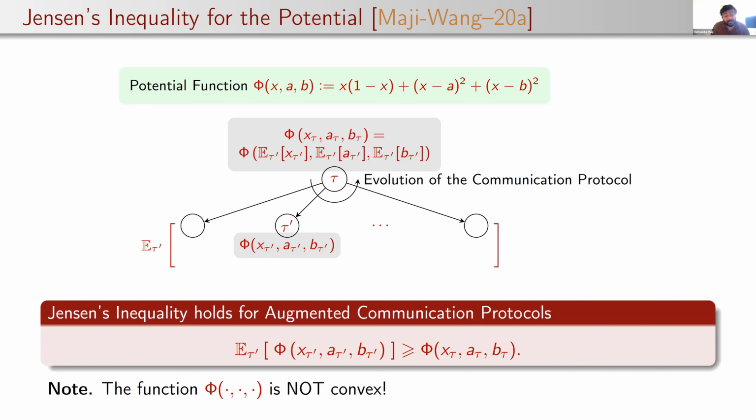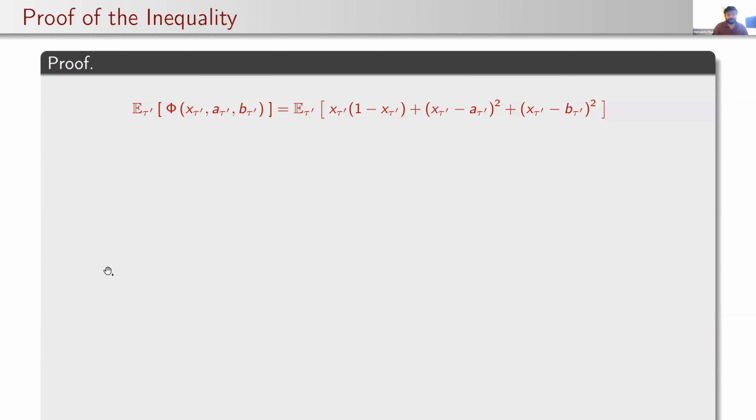We prove that Jensen's inequality holds if these x tau prime, a tau prime, b tau prime are generated from x tau, a tau, b tau using an augmented communication protocol. So this is a very precise result in the sense that it can distinguish augmented communication protocols from general probability distributions. Let's quickly see how we prove this result.